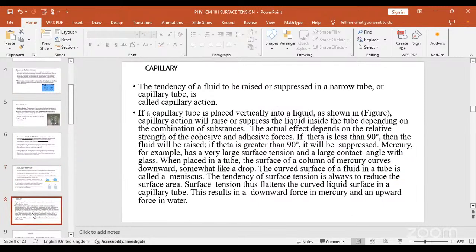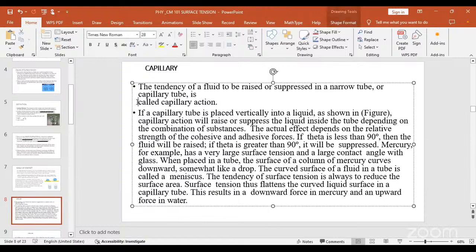We move on to capillary. Capillary is the tendency of liquid to rise or be suppressed in a narrow tube. The narrow tube, we call that a capillary tube.